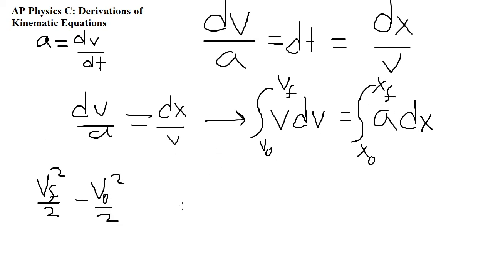And this is going to be equal to a times delta x, right? Because this integral would evaluate to a times x evaluated from initial position to final position, which gives us delta x. So then we can move v naught squared over 2 onto this side.